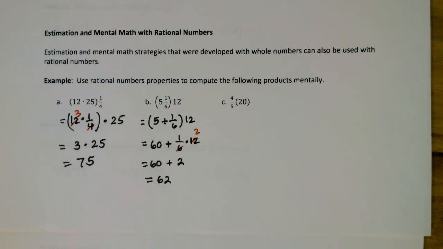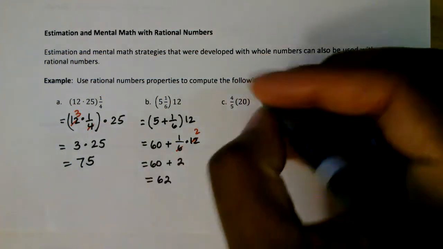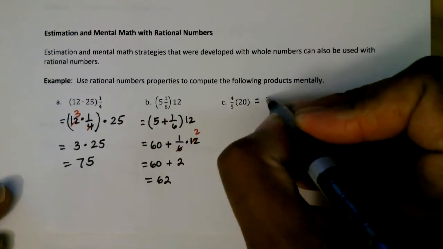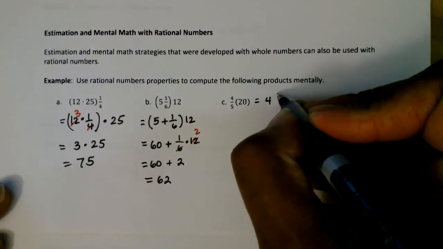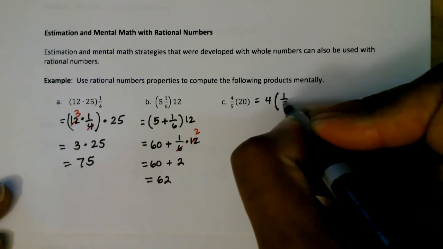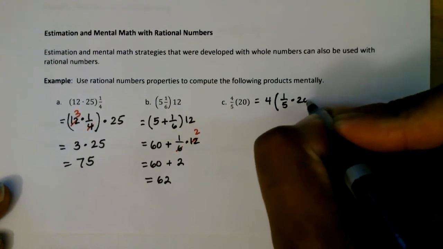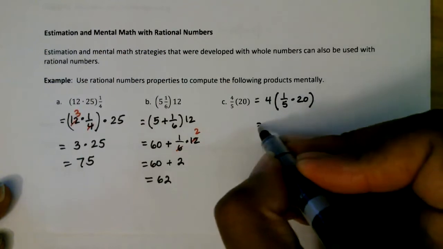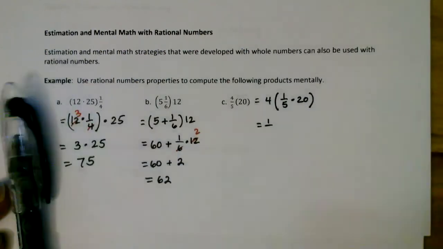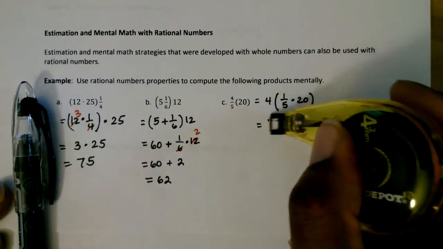And then for 4/5 times 20, I'm going to break the 4/5 as 4 times 1/5 of 20.